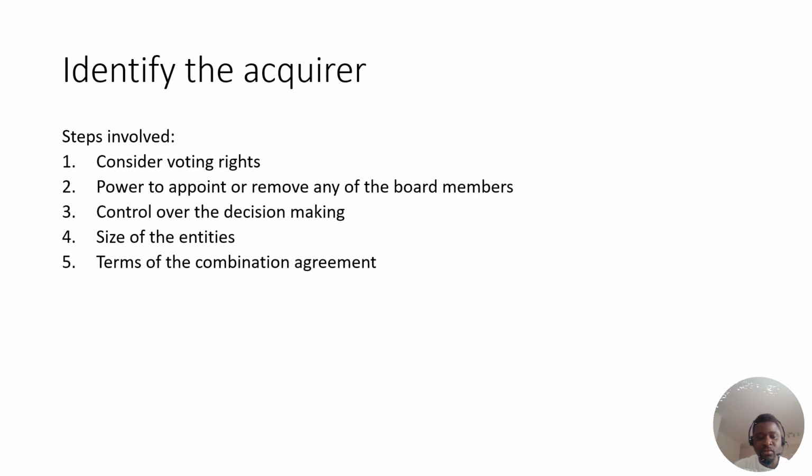The next thing we need to look at is the steps of the acquisition method that we mentioned earlier, which is first of all identifying the acquirer. What do we need to do to identify the acquirer? It might not necessarily be all the 5 steps I listed here; it might be 3 or 4 of them, but we need to consider what we call the voting rights. What is the voting right?